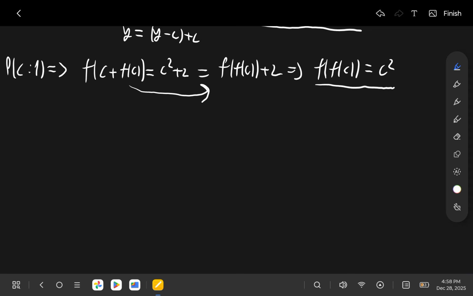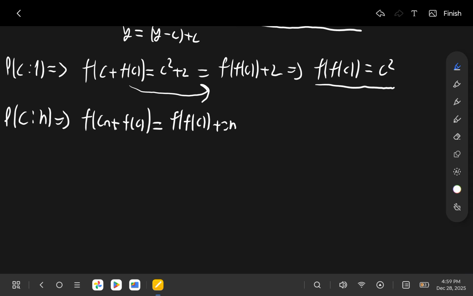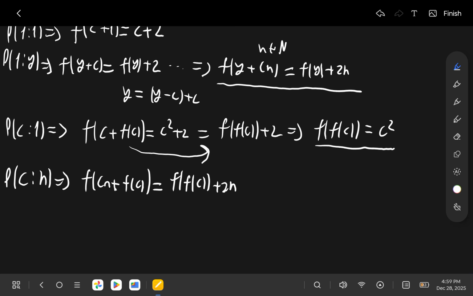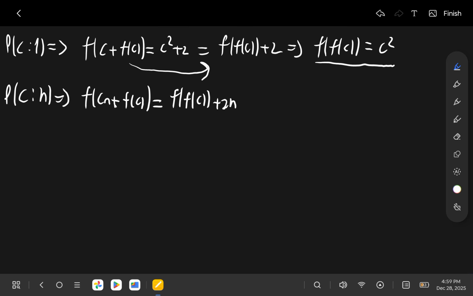Now let's put this and we will get f(cn) + f(c), which is equal to f(f(c)) + 2n from this claim, and we also know that this is equal to c squared + 2n from this, and in the original we get that this is equal to c f(n) + 2.